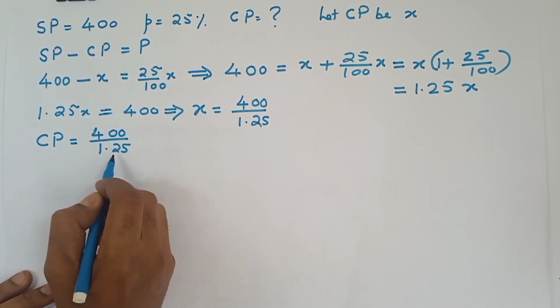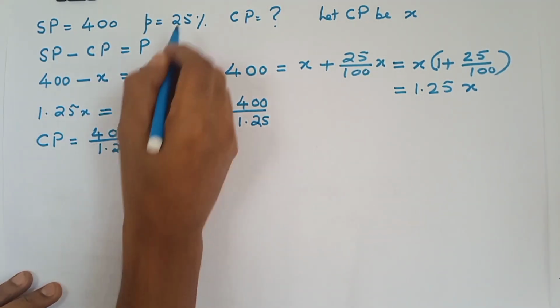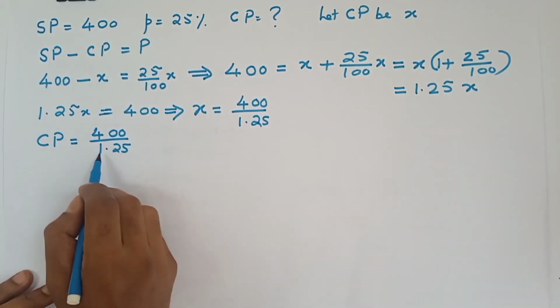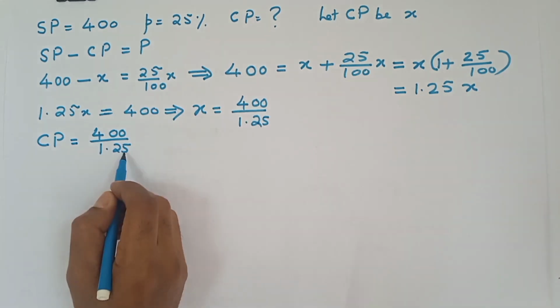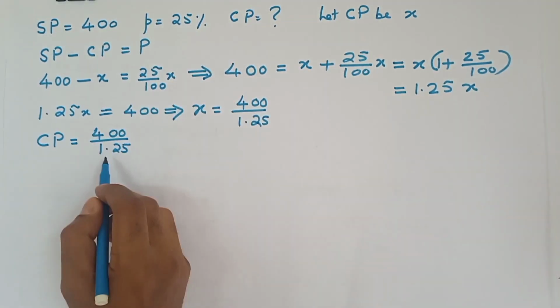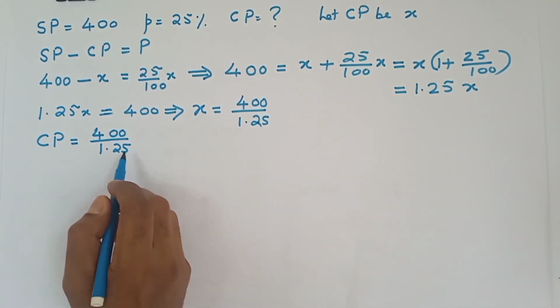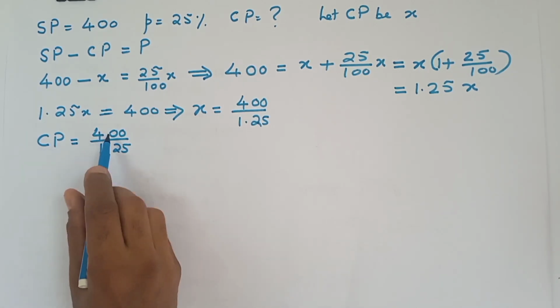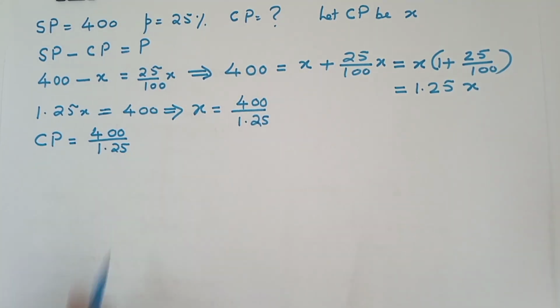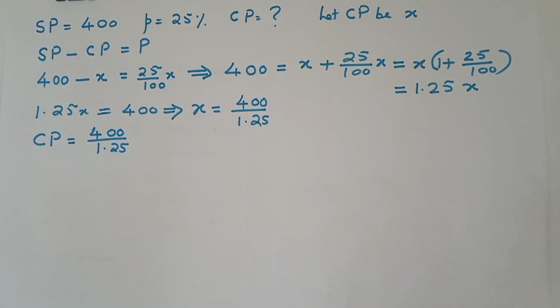How do you get 1.25? That's related to the profit percentage given here, 25. If it is 25, you will write 1.25. If it is 35, what do you write? 1.35. So to get CP, you divide SP by a suitable number which is related to the profit percentage given.